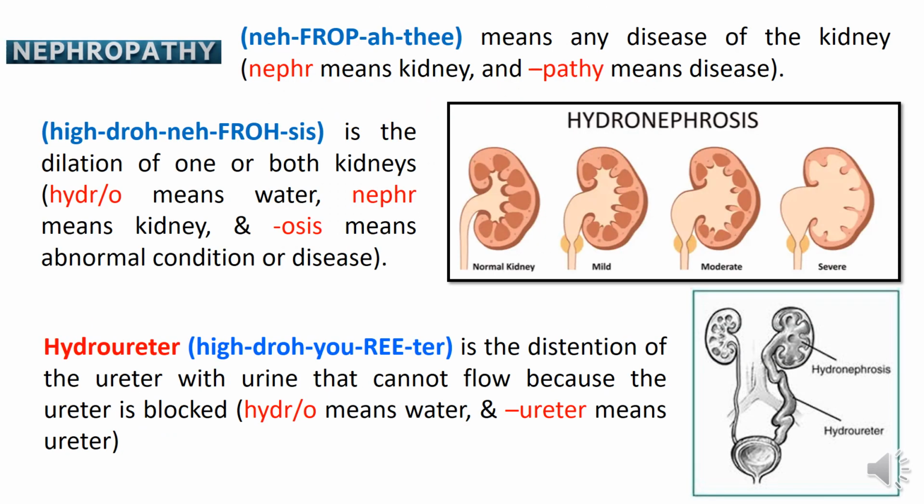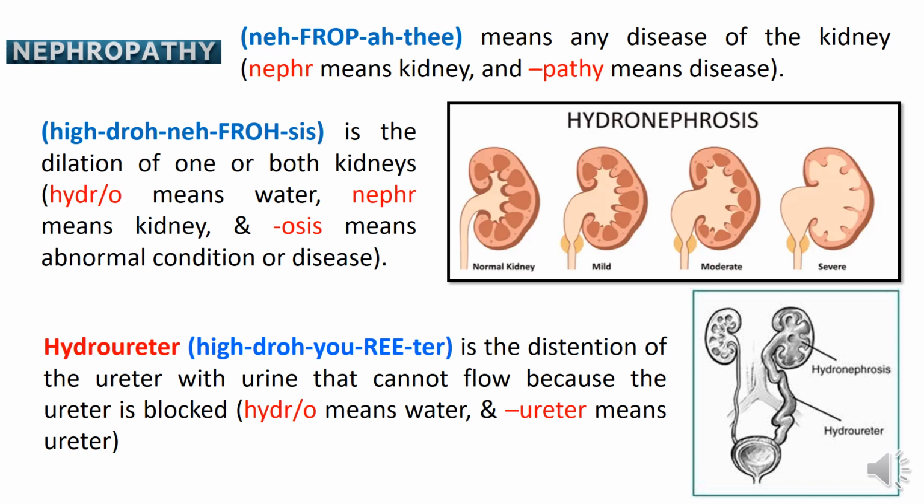Dealing with the renal pathologies in a more specific way, we deal with the pathology called nephropathy. Nephro means kidney, pathy means disease, diseases of the kidney. The first one is hydronephrosis.